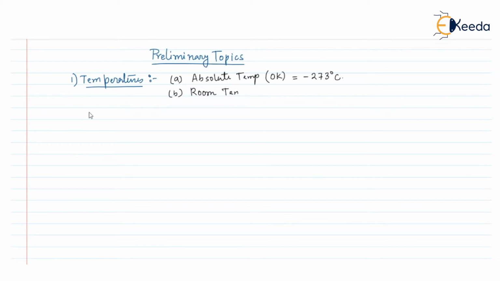The room temperature is defined by 300 Kelvin, which is equal to 27 degrees centigrade, and the third temperature is the ambient temperature, and this ambient temperature is nothing but 290 K or 290 Kelvin, which is equal to 17 degrees centigrade.